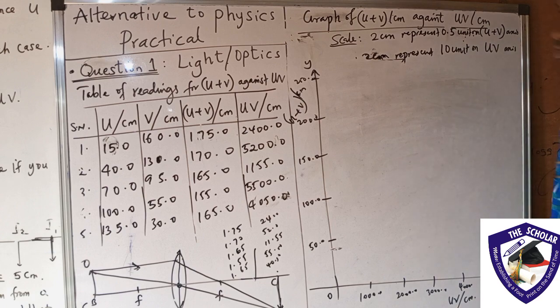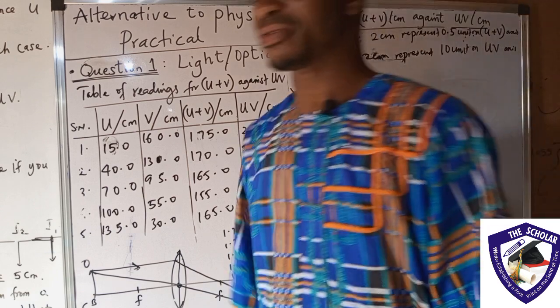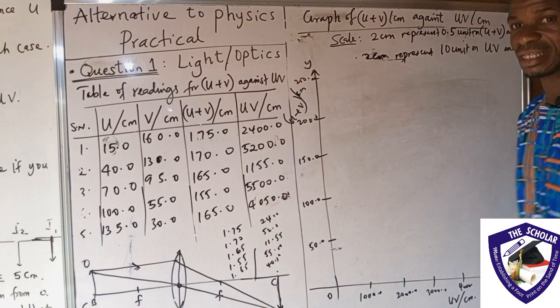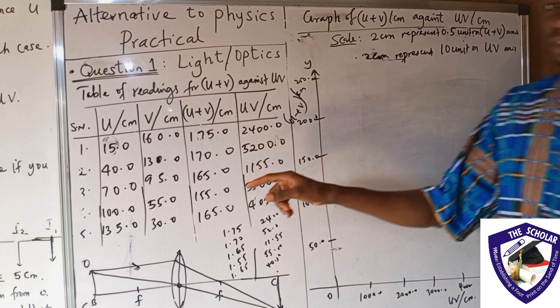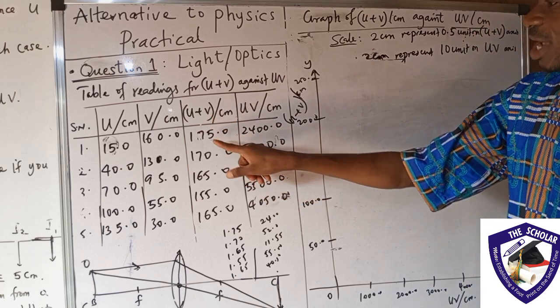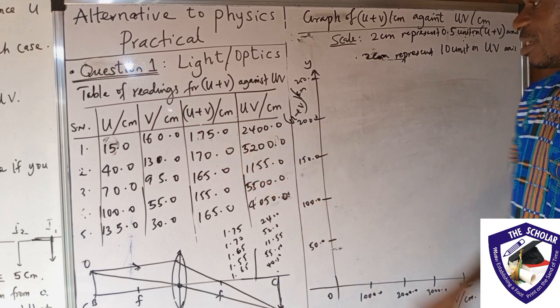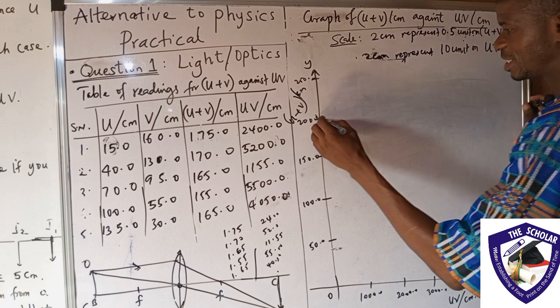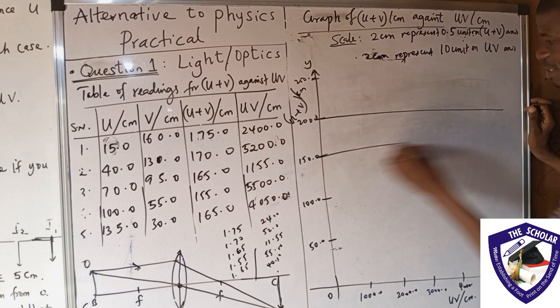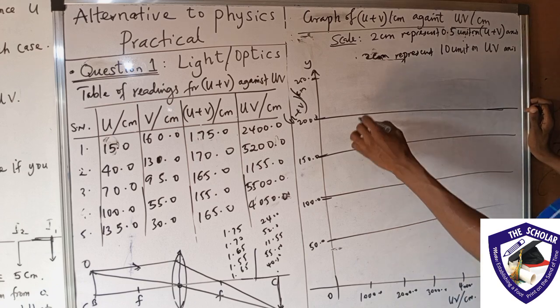Now let's plot the graph. Plotting the graph, we are starting with the first one, when U plus V is 175. Remember that the box here, sorry, we're not using the normal graph.